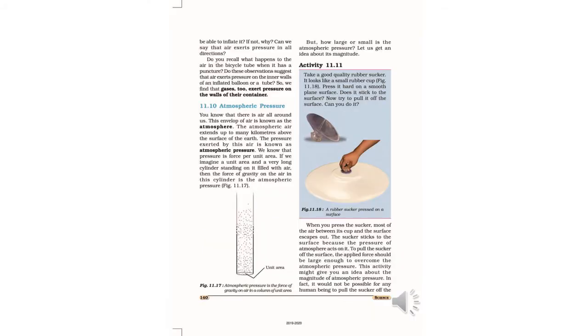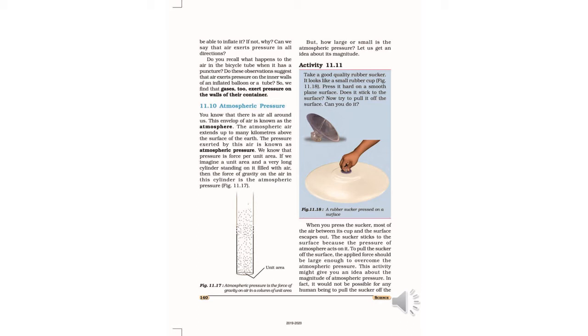Now students, we will continue the remaining part, that is atmospheric pressure. What is meant by atmospheric pressure and how do we feel it? So what is atmosphere first? There is air around the earth.